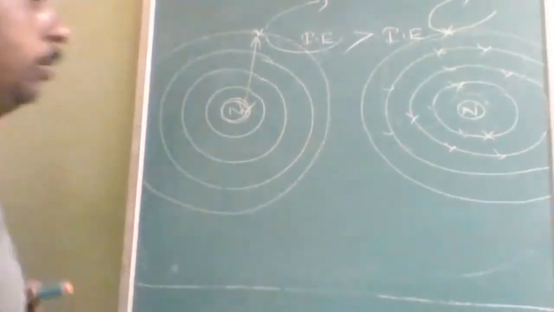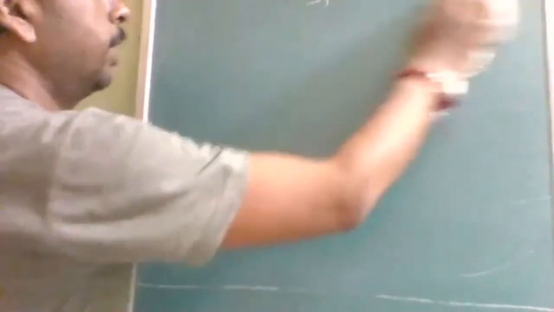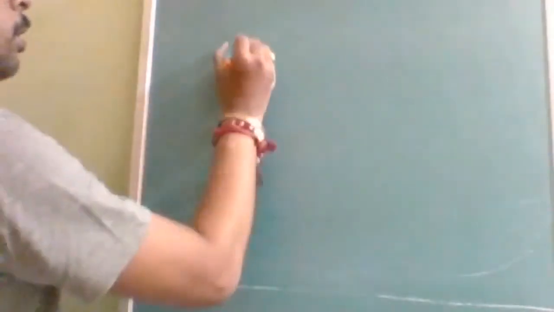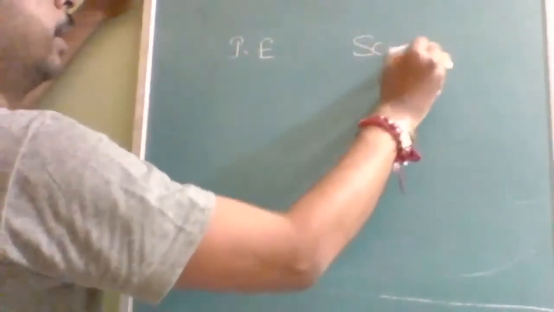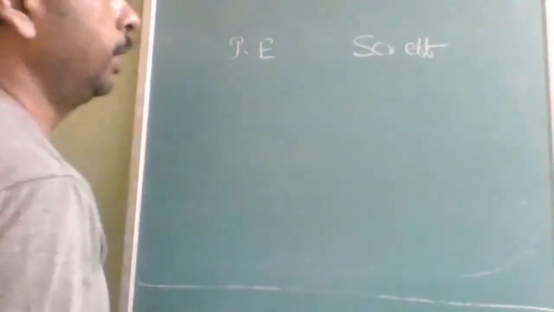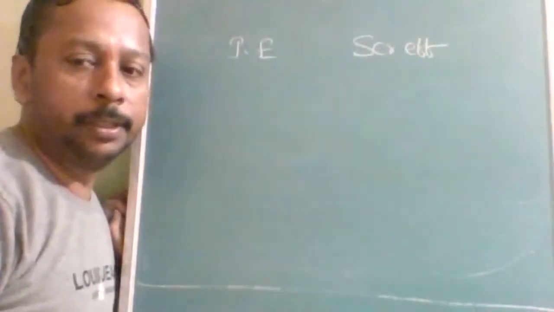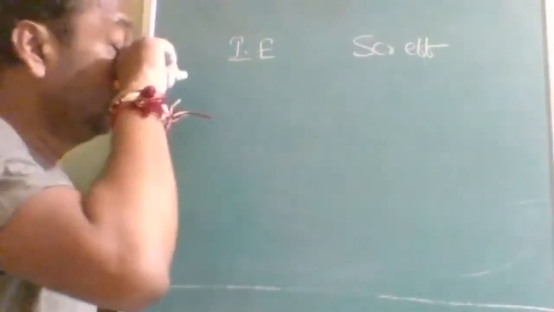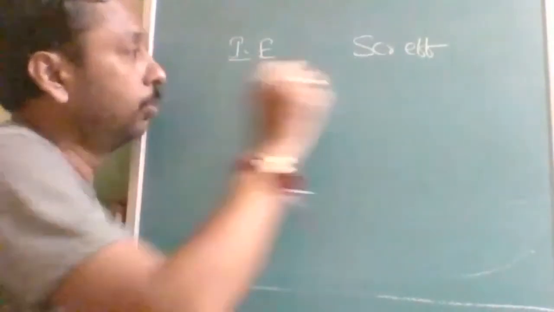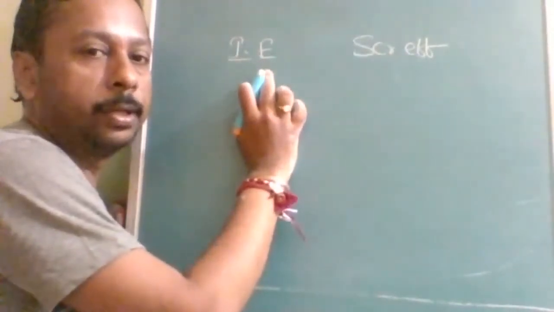Okay. Now you can identify what the relation is. If the screening effect is more, is ionization energy less or more? What should be the relation between screening effect and ionization energy, directly or inversely? Okay. The more the screening effect, the less the attraction, and the less the ionization energy.